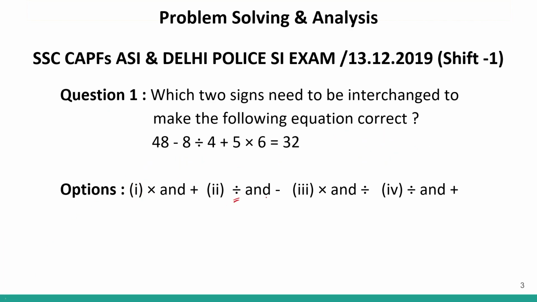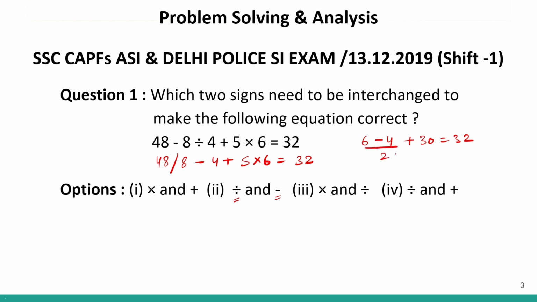In option number 2, we are interchanging the divide sign with the subtraction sign. So 48 divided by 8 minus 4 plus 5 into 6 should give me 32. Now 48 by 8 will give me 6. 6 minus 4 plus 30 should be equal to 32.